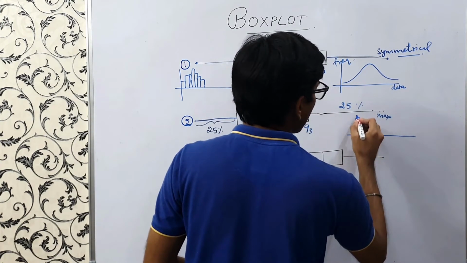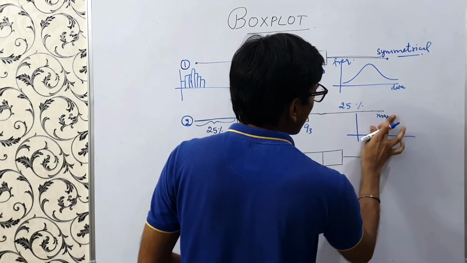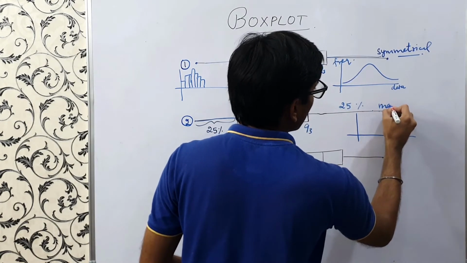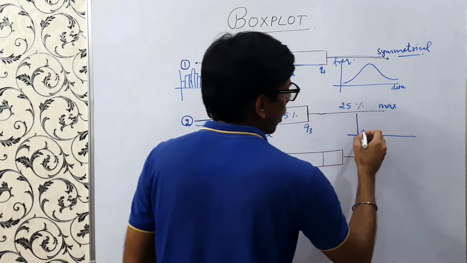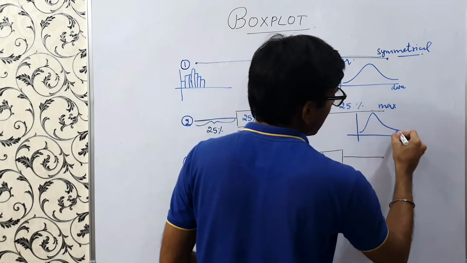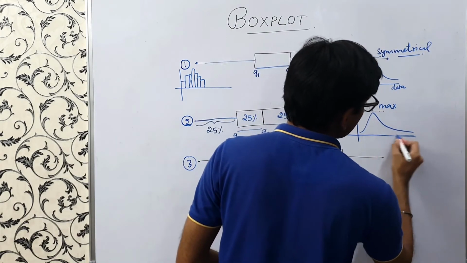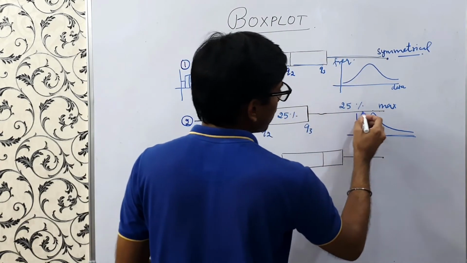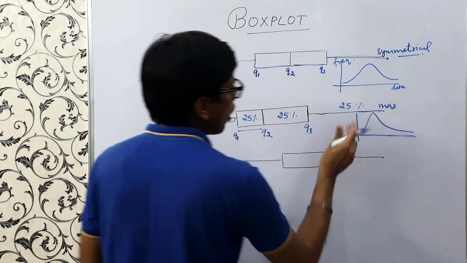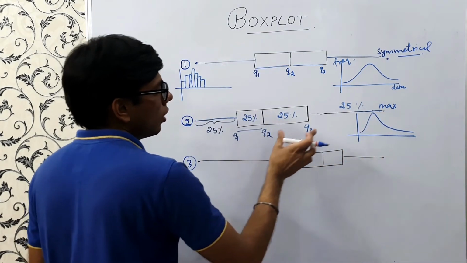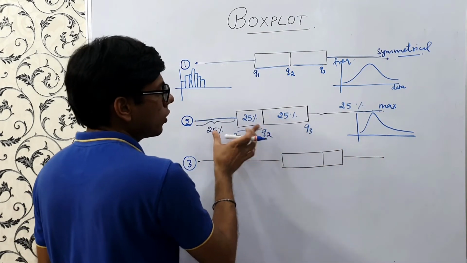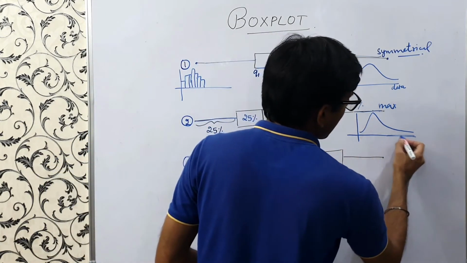So if I want to draw a graph, it would be just like that. Some observations are outliers, right? These observations tend to be outliers, unusual observations from our data set. So there are some observations over here.